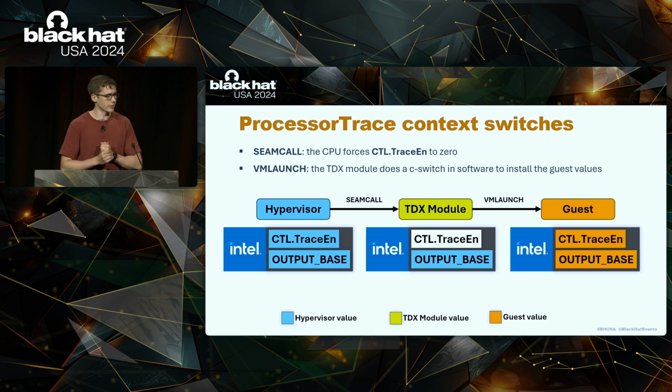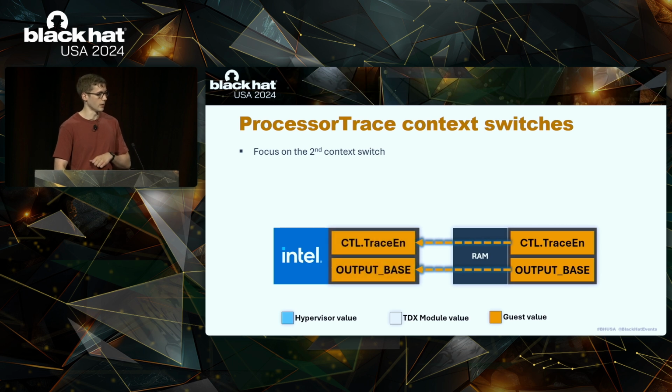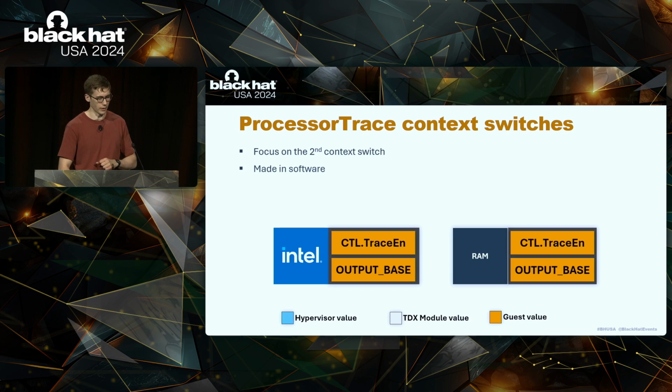Now, if you focus on the second context switch on the right side, the VM launch one, that's, as I said, a full context switch. So the guest values are in memory, they are copied into the CPU, and then the CPU is ready to start running the guest. So that's a context switch that is made not by the CPU, but by the TDX module itself in software.